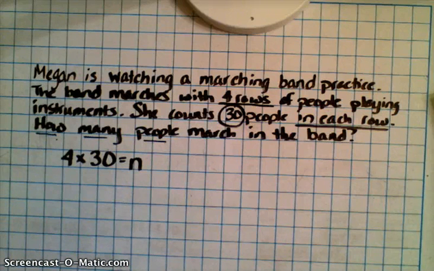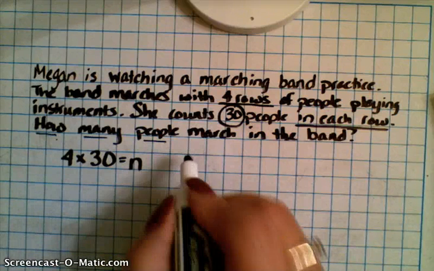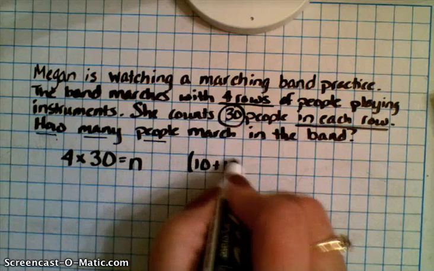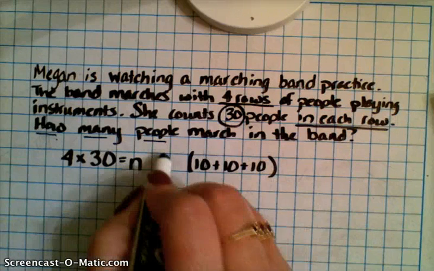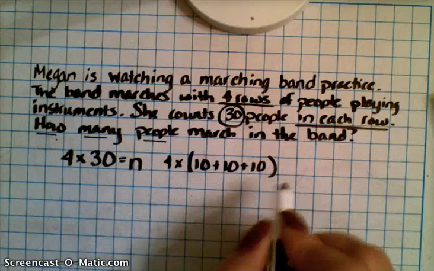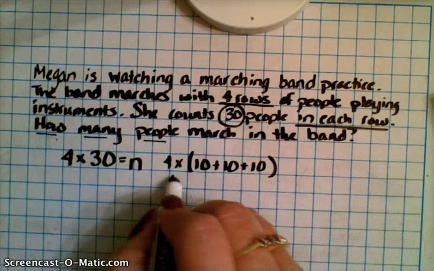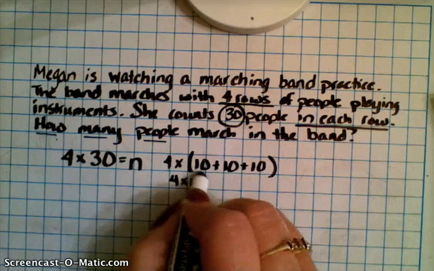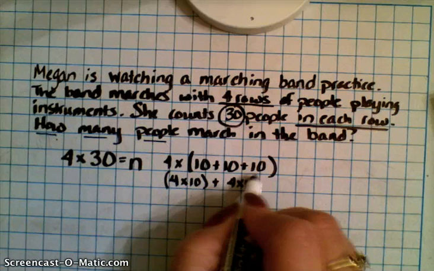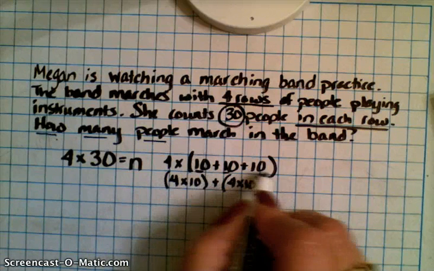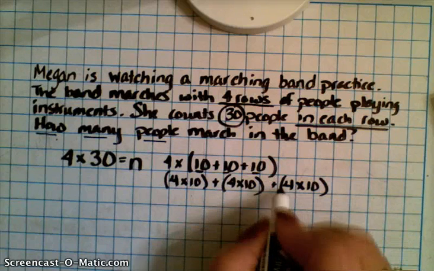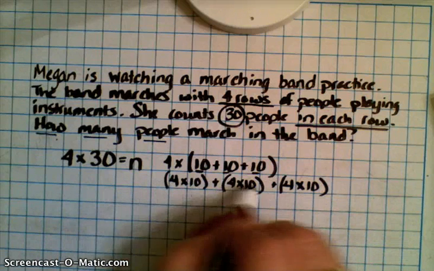Okay, now the next part, knowing the distributive property, I can break 30 up as 10 plus 10 plus 10. So that's 4 times 10 plus 10 plus 10, or 4 times 10 plus 4 times 10 plus 4 times 10. 3 4 times 10s.